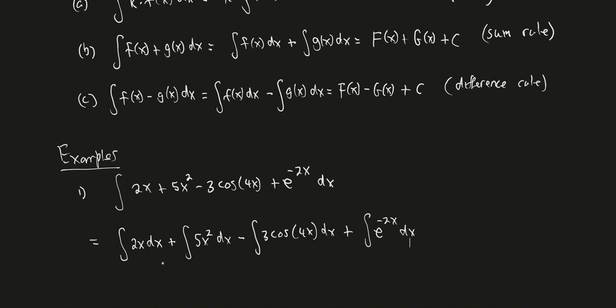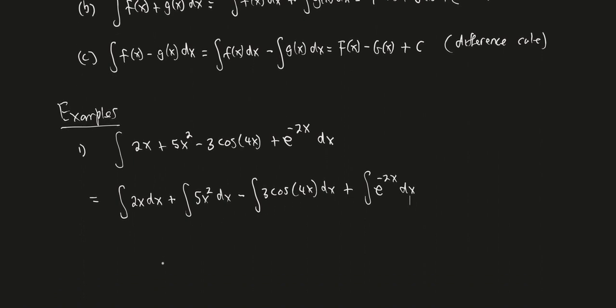All right. So for the first one, our power is 1, right? But if you look, we have all these constants, like the x function is being multiplied by 2. The constant multiple rule now says I can factor out the constant. So I could put this 2 outside and then have the antiderivative of just x to the first power dx.